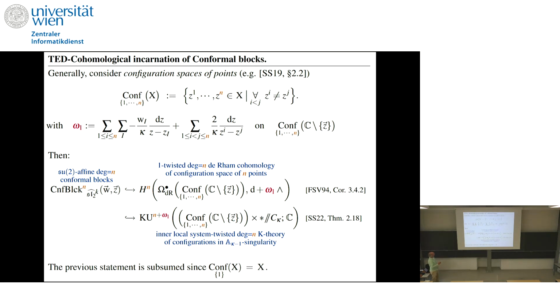So if you want a conformal block of degree n, with n field insertions, then very naturally you have to apply the twisted equivariant K-theory on the corresponding configuration space. And the previous statement is just a consistency check on this general proposal for describing interacting phases by passing to configuration spaces. There's also always the configuration space of a single point, which is just the underlying manifold. So if you go to one particle, no interaction, we're always back to the traditional story.